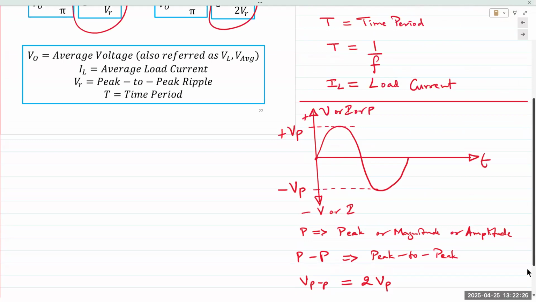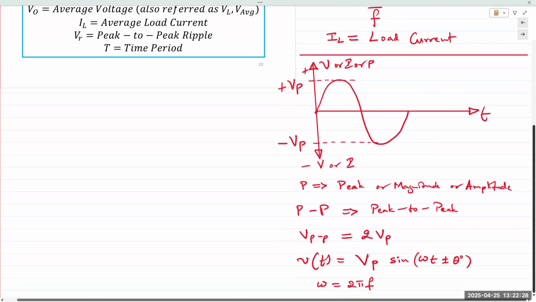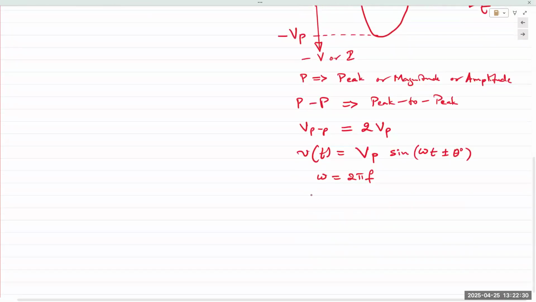The equation for power is V squared over R, the square of the voltage. So if we wish to describe the value of the AC waveform that would be equivalent to a DC waveform that produces the same energy, that value is known as the RMS value of that waveform.